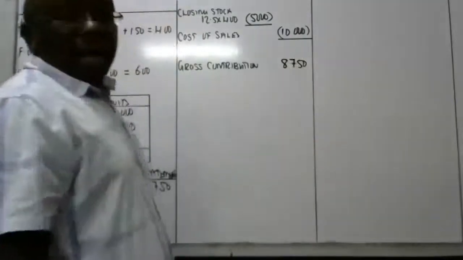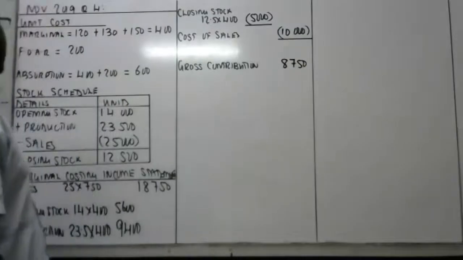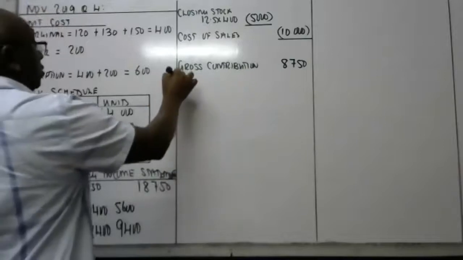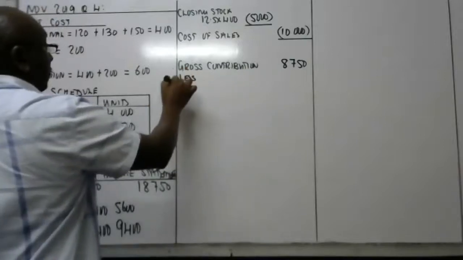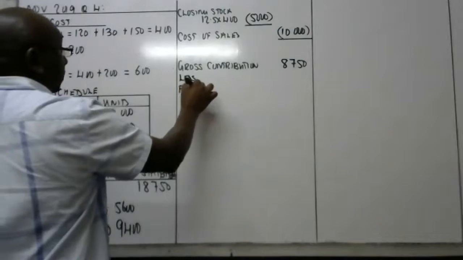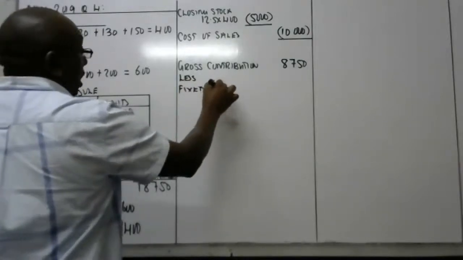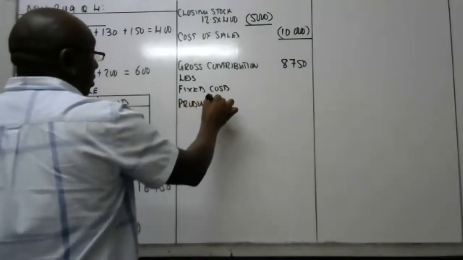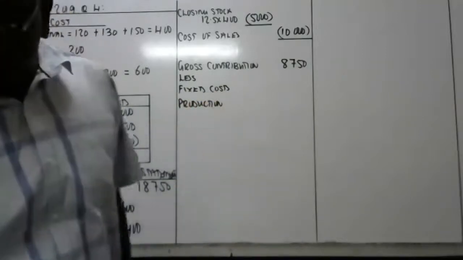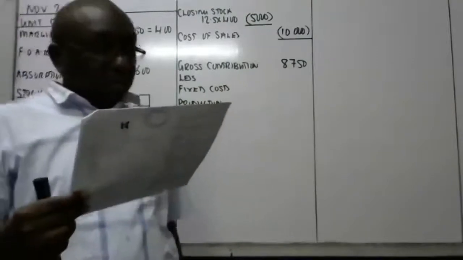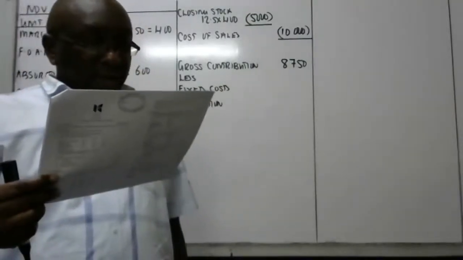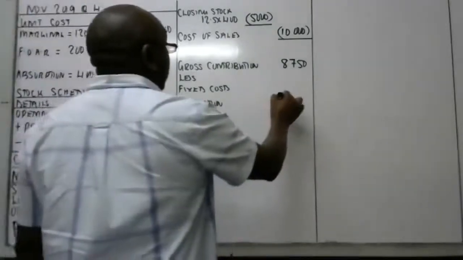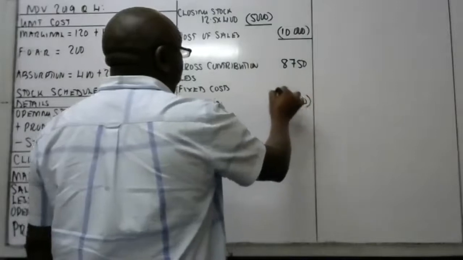Now this question does not have the variable and production, so we just go straight to less fixed costs, and the fixed costs that we have are just the production overheads. We are told the actual was 4,500.